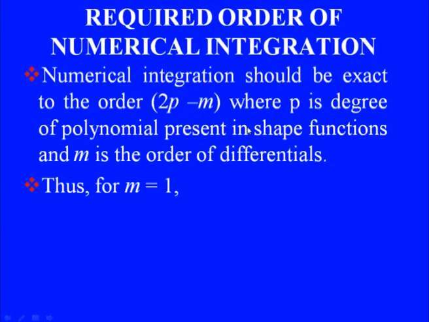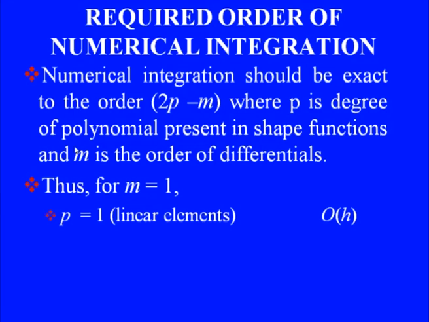There are some simple rules which say no, we can restrict the number of points which we need. So, the total degree to which we need to evaluate our integrals exactly is 2p minus m, where p is the degree of polynomial present in our shape functions, that is whether we have used linear, quadratic and so on shape functions, and m is the order of differential present in our weak form.